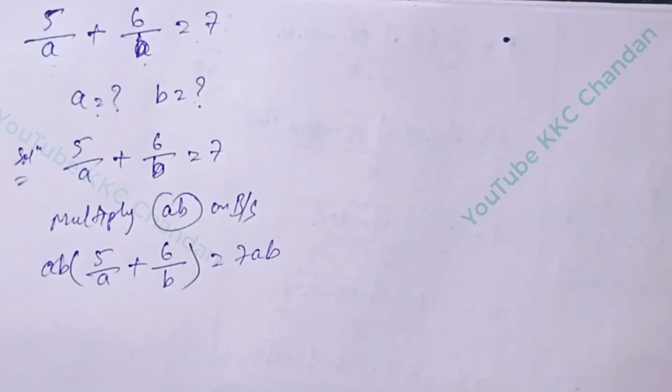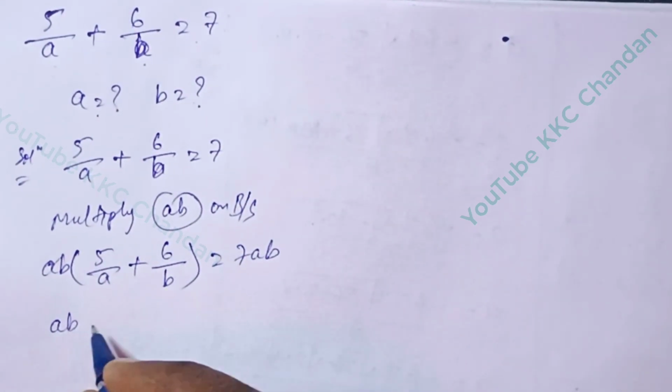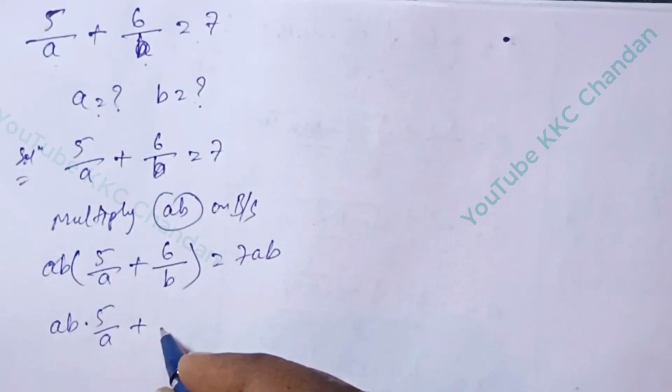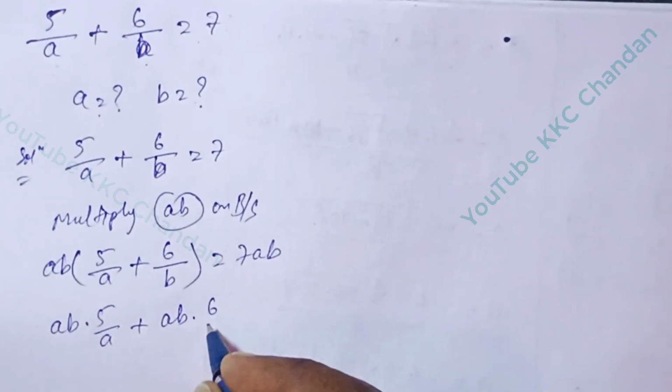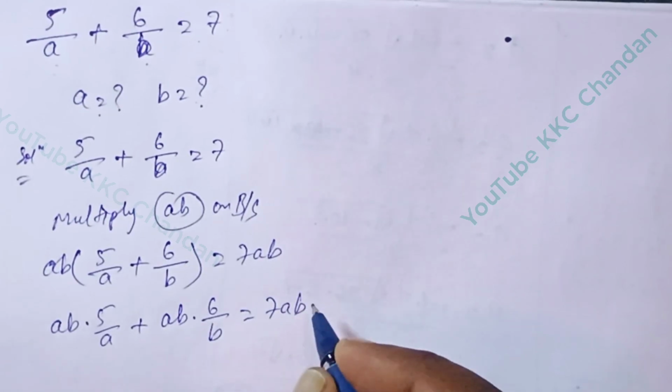Next step, separate it: ab into 5 divided by a plus ab into 6 divided by b is equal to 7ab.